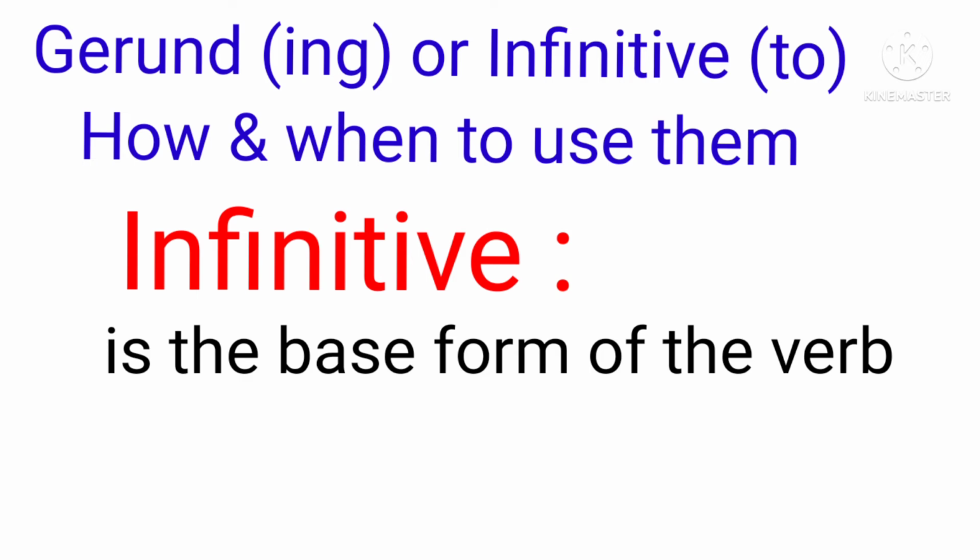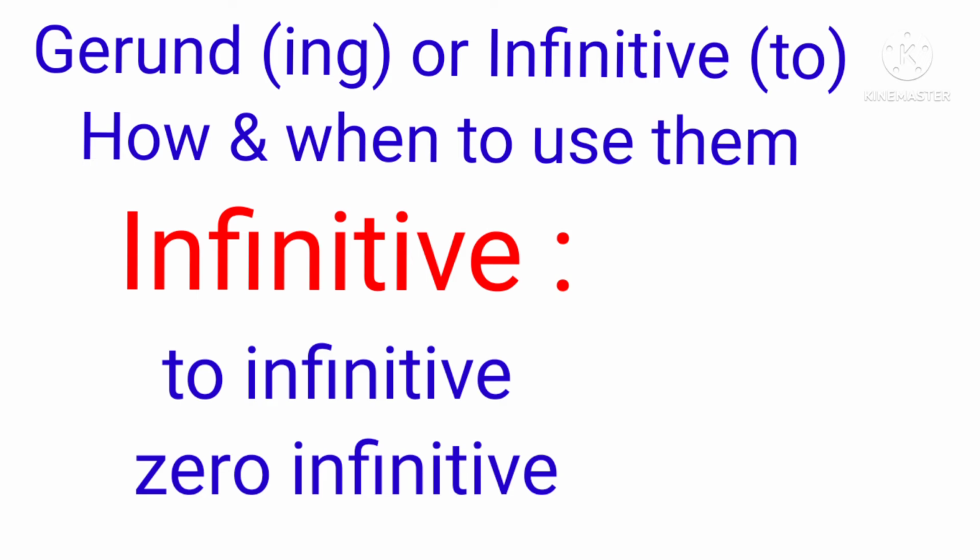The infinitive is the base form of the verb, but there are two types of infinitive in English. The to infinitive, which is the verb with to. But there is also the zero infinitive, or the base form, the verb without to.